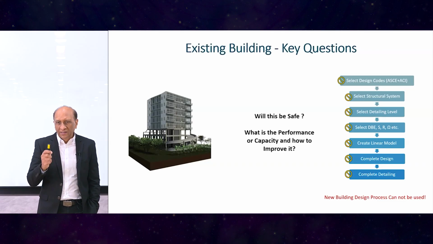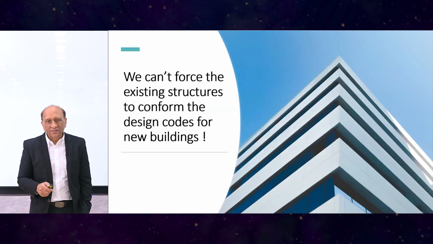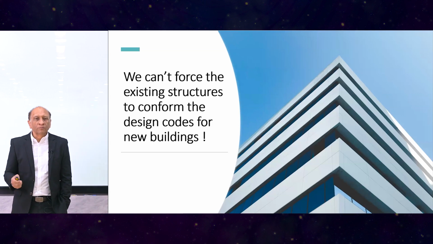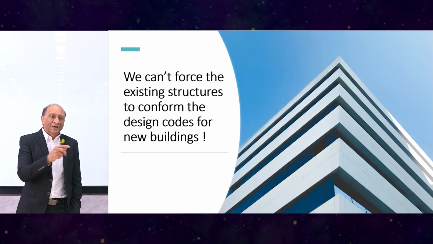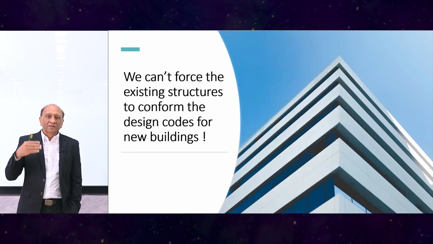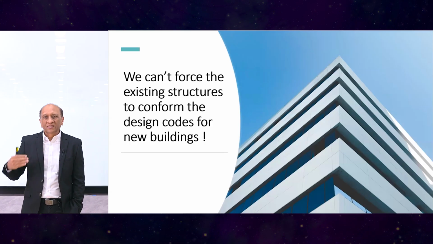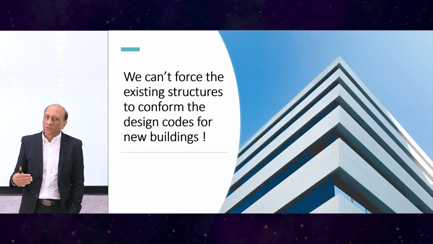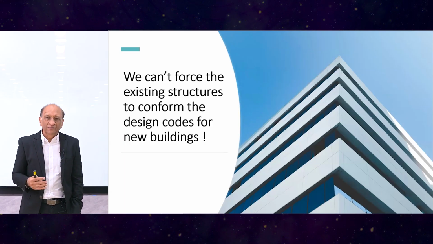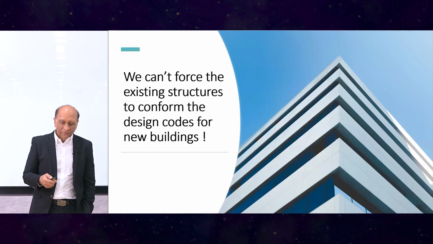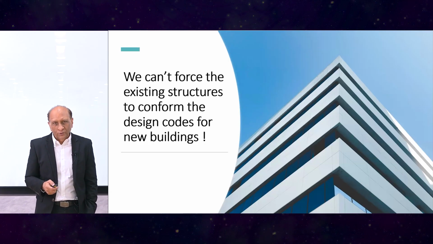So for that reason, we can't force the existing structures to conform to the design code for new buildings. That's the misunderstanding, that we evaluate the existing building and say, this is the latest code, and this building should satisfy this code. That's not going to work. That would mean we have to change the buildings every 5 years when the new code comes in, which obviously cannot be done. So we have to have a different way to look at that.